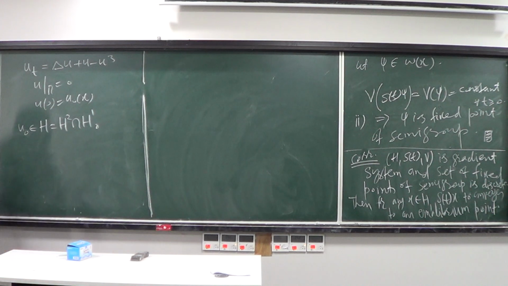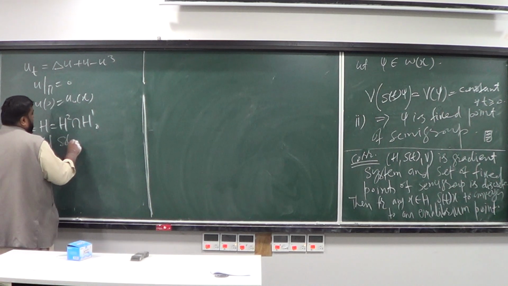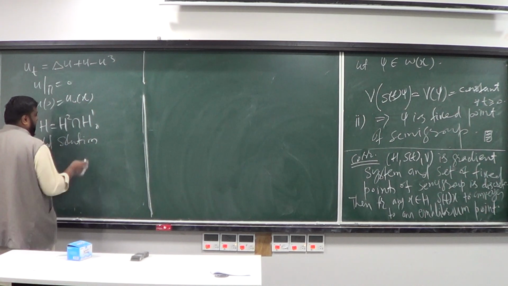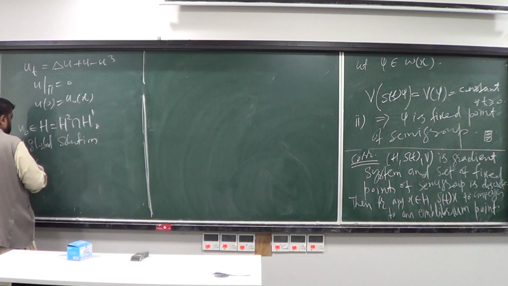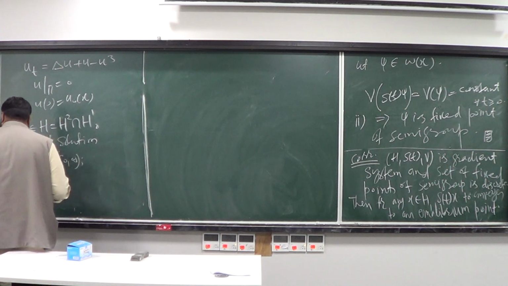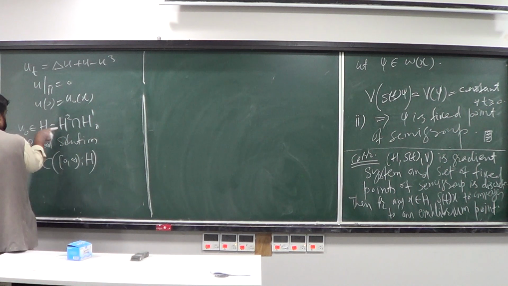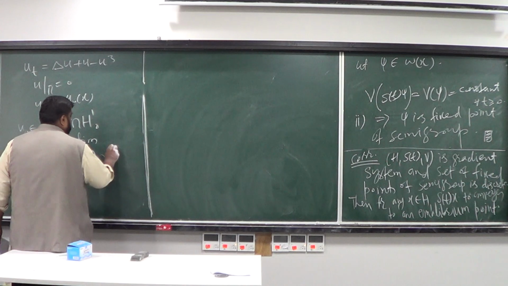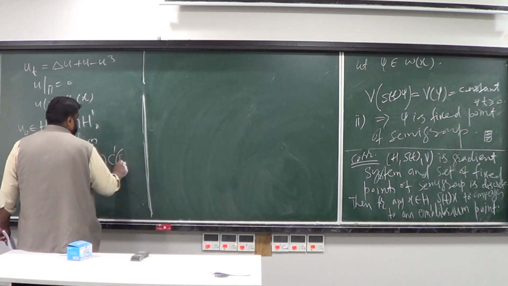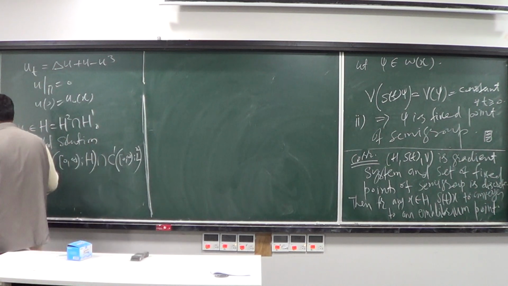So if you take any u naught from this initial condition from this space, then there exists a unique global solution, okay, to the above evolution equation, u that is continuous in H, okay, where H is this, and differentiable in L2. Okay, so its weak derivative exists.